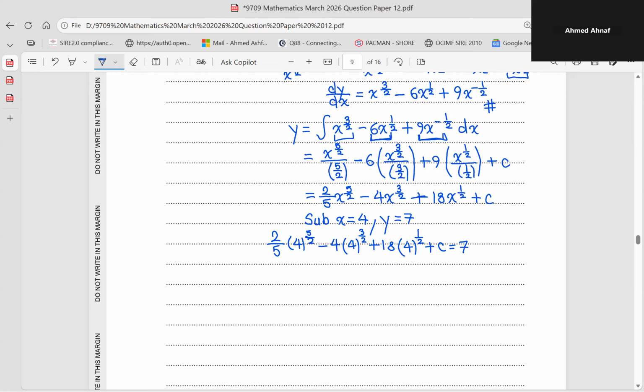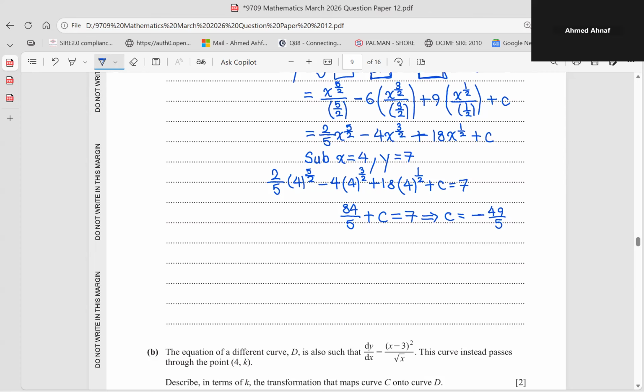We'll just type all of these into your calculator. Okay, give me a while. Okay, so you get 84 over 5 plus c equals to 7. And making c the subject, you would get 7 minus 84 over 5, which is minus 49 over 5.